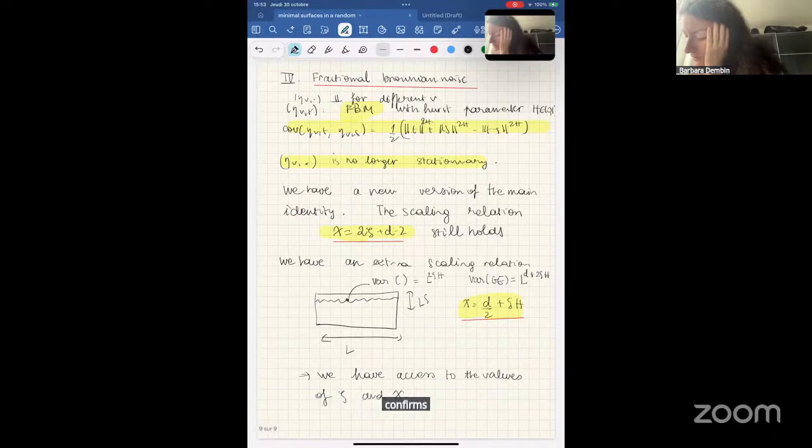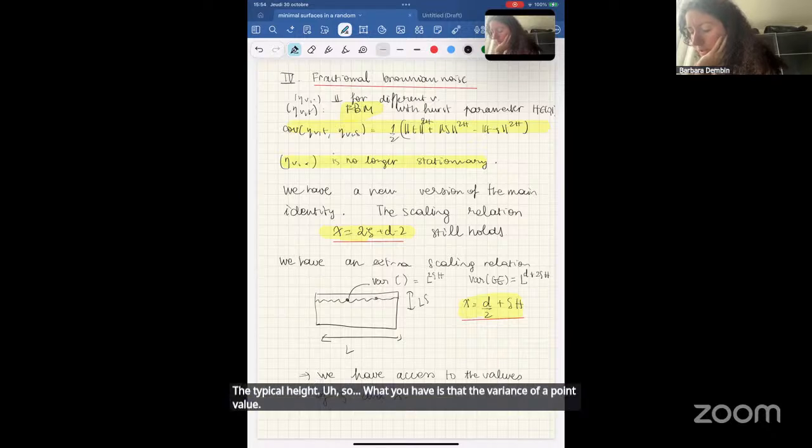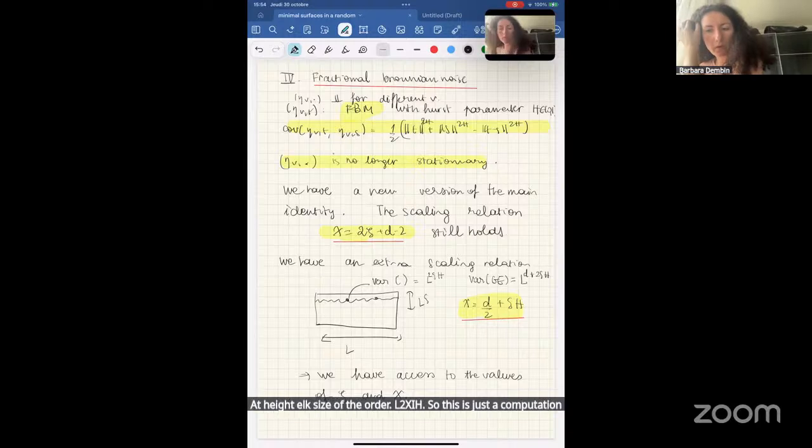If you have a surface, and L to the xi is the typical height, then the variance of a point value at height L to the xi is of the order L to the xi h. This is just a computation of the variance using this.